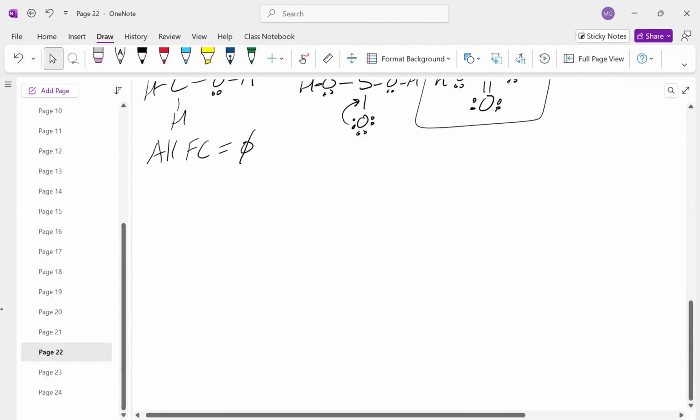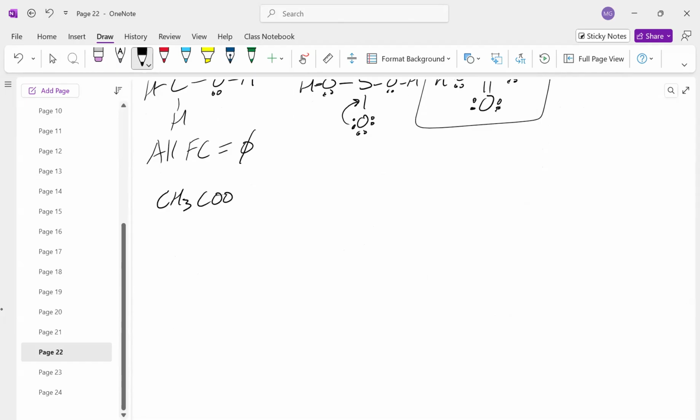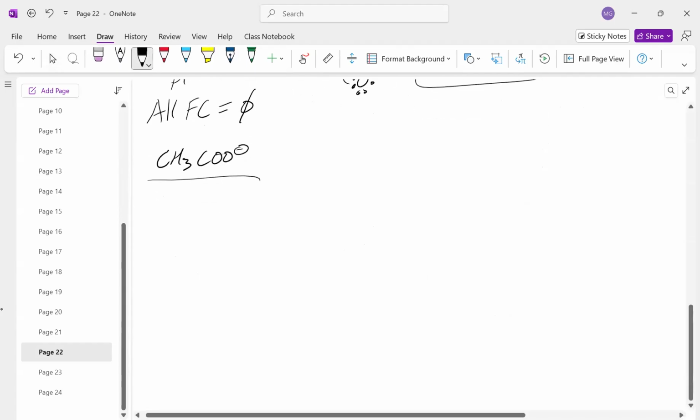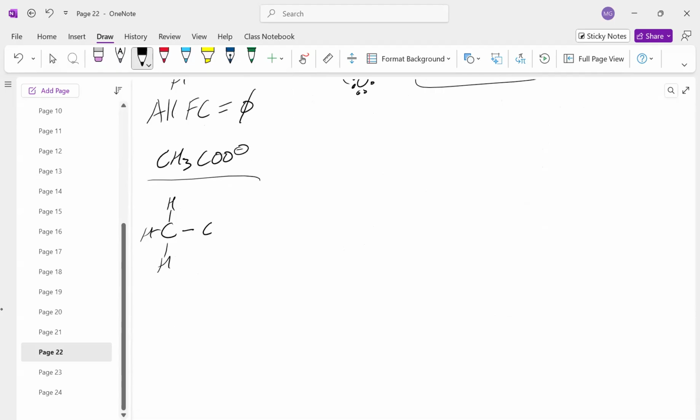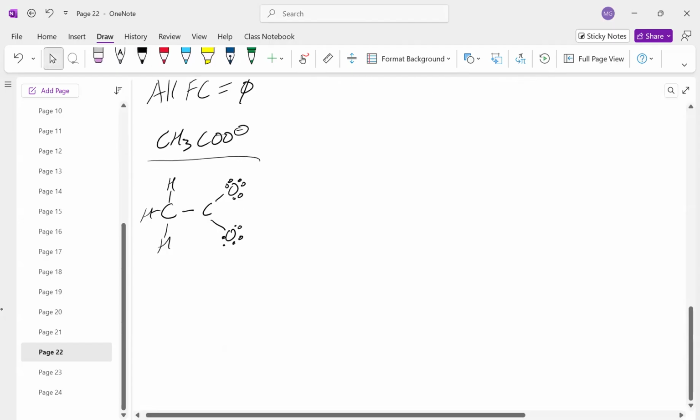Now, finally, let's look at the acetate ion. So we had two we were going to take a look at. The right one, which we left off on the last page looking like this. And let's just start there. I'll put the wrong one down here.